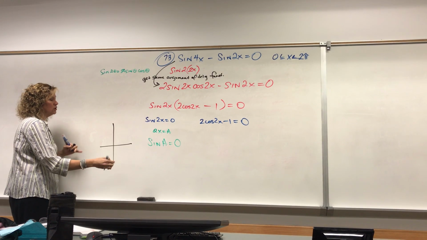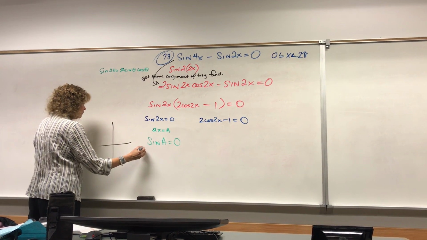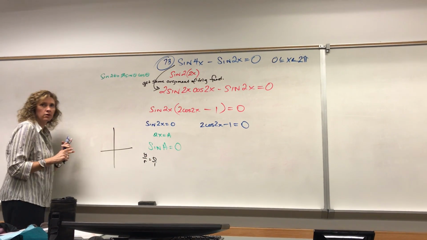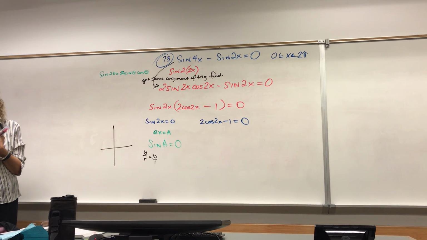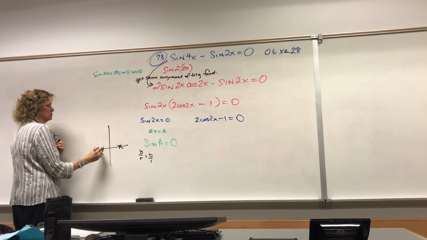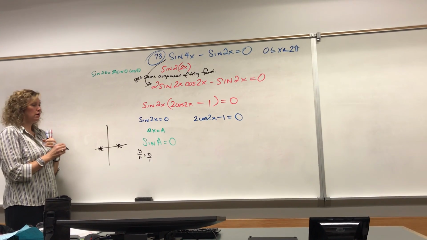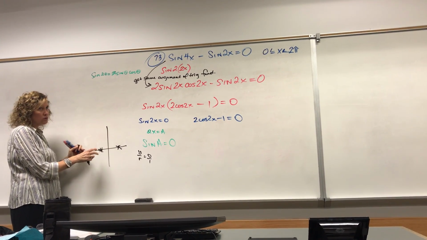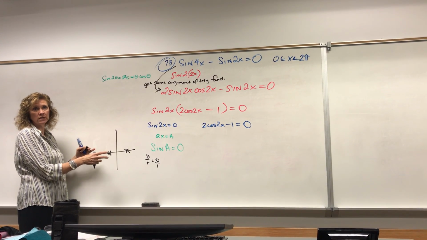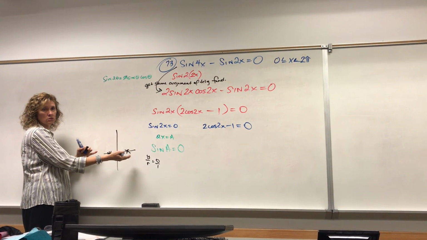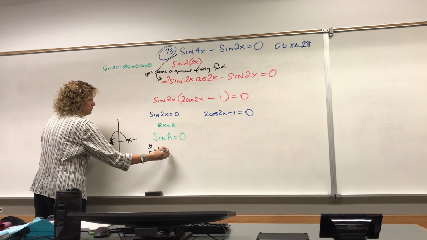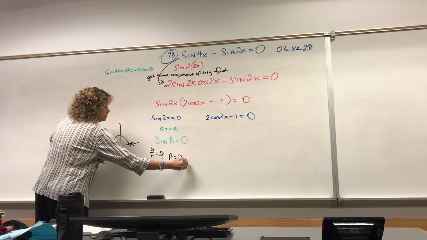We can do this a few different ways. We can do y over r, so it's 0 over 1. Where is y 0? On the x-axis. What angles represent the x-axis when we think in terms of rotation? 0 and pi. So A equals 0 and pi.